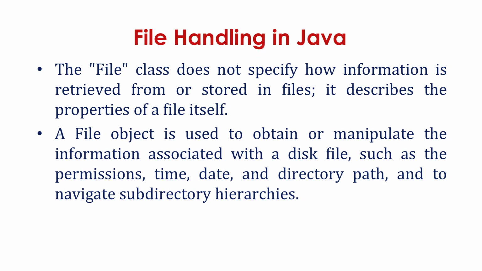A File object is used to obtain or manipulate the information associated with the disk file, such as the permissions, time, date, and directory path, and to navigate subdirectory hierarchies.